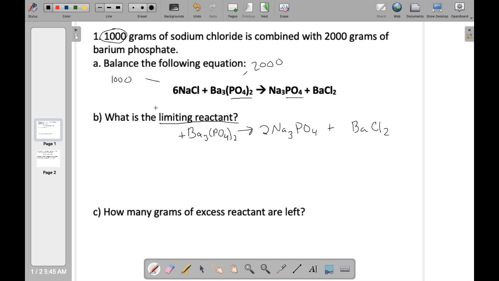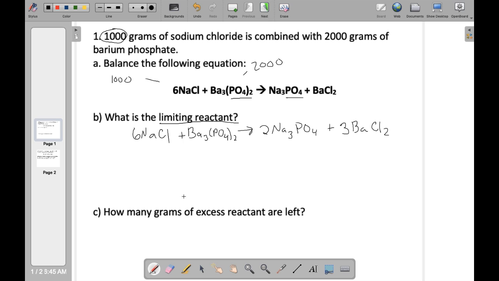I have 6 sodiums and 6 chlorides right here, so let's put a 3 over here. And that might actually do it. Let's go ahead and look at this. We have 6 sodiums here, 6 here. We have 6 chlorines, 6 chlorines, and our phosphates and our barium, so we're good.